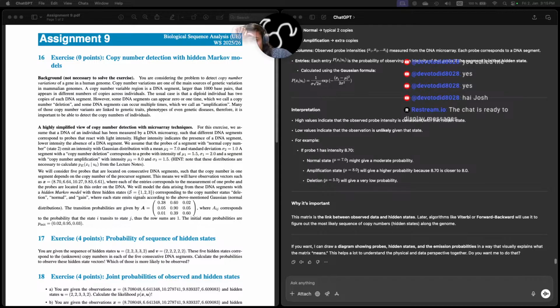Yeah, I was for this one. Scoring part 2. Pairwise alignment. Okay, I don't think I've been here. Linear gap penalty.